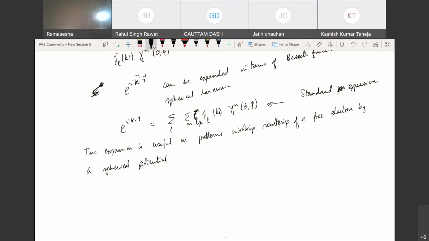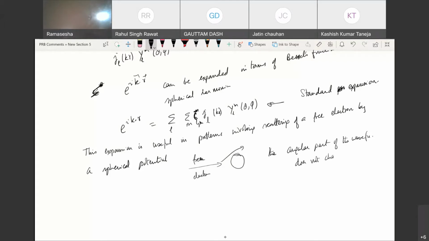So when you are actually having a spherical potential, and you have the free electrons going through and getting scattered, then the angular part of the wave function does not change, because that continues to be the solution.